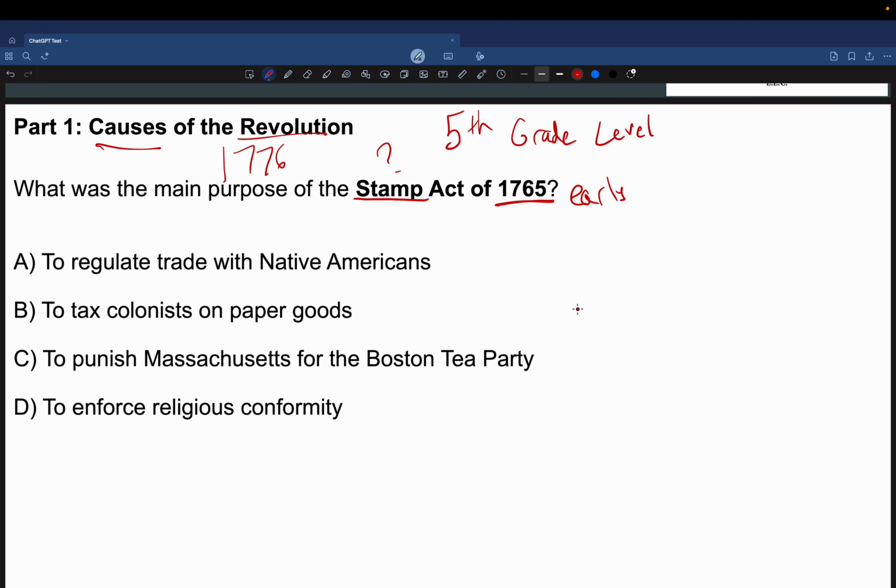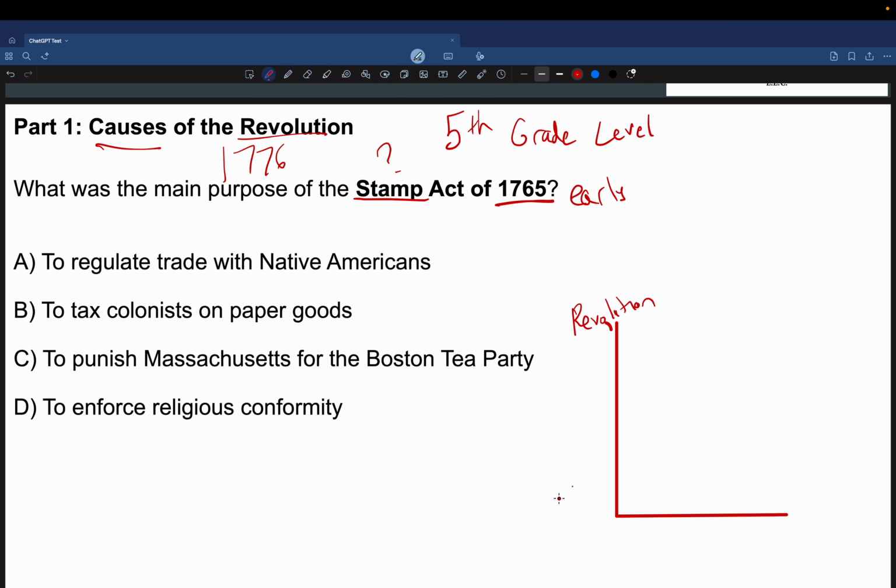So what was the main purpose? I'm going to give you a Level Up Test Prep cheat code. I believe I can explain the American Revolution to you in one chart. So let's draw it out. Up here, I'm going to title this Revolution.